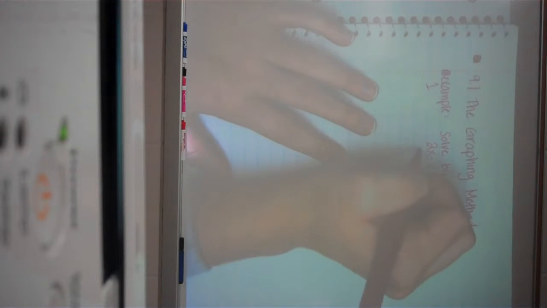And the second equation that we have is x plus y equals 1. Solve by graphing.